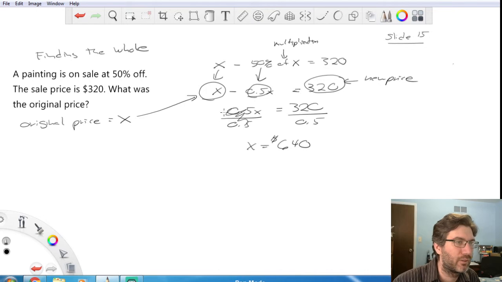This number here, which I kind of scratched out, is not the same as this number here. This number here is actually your original price minus 50%.